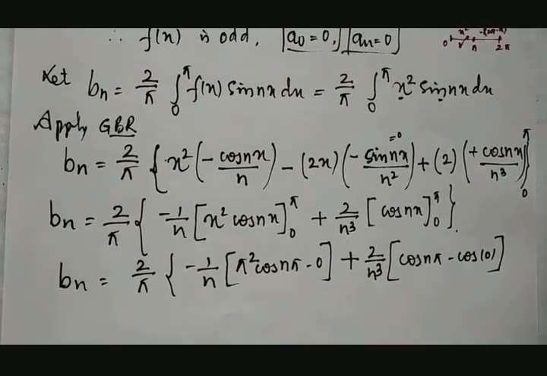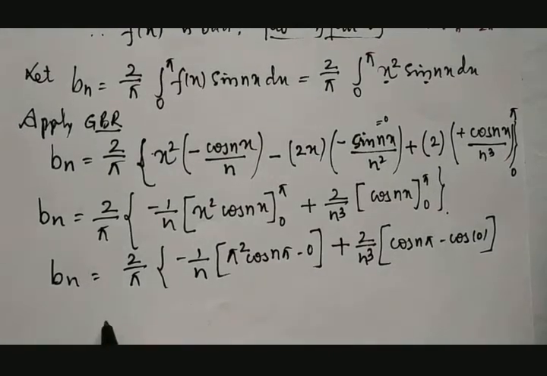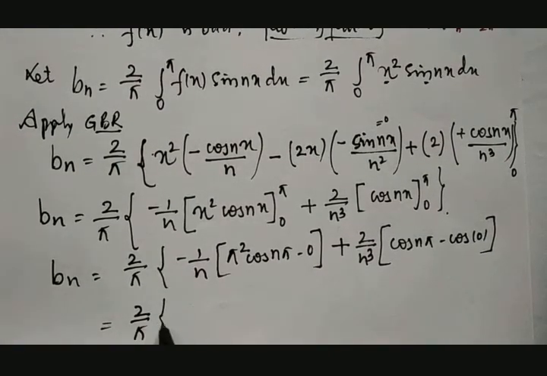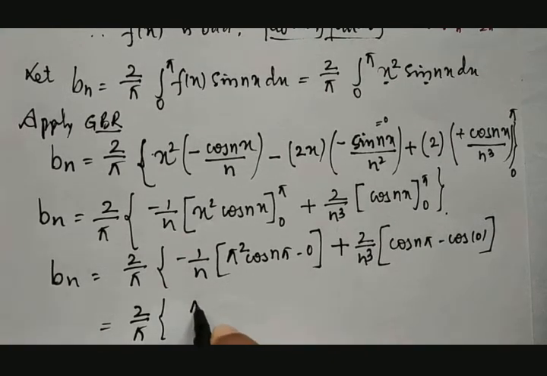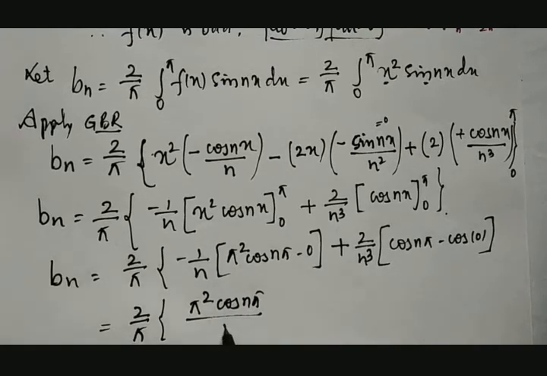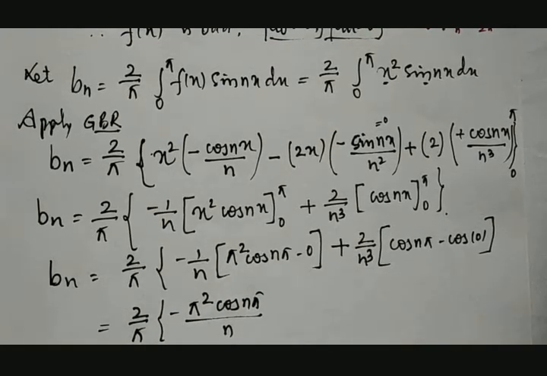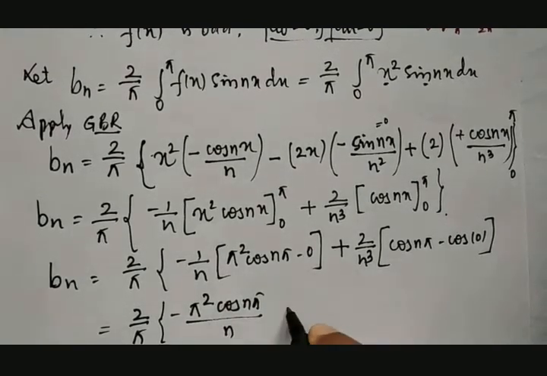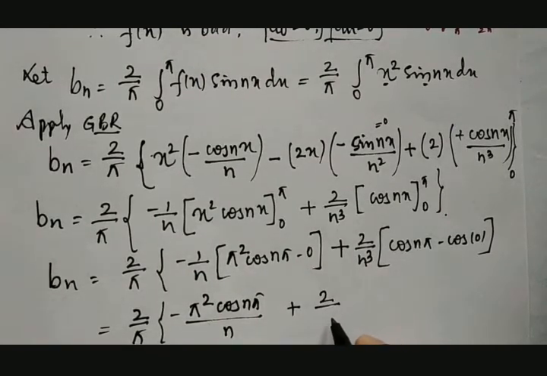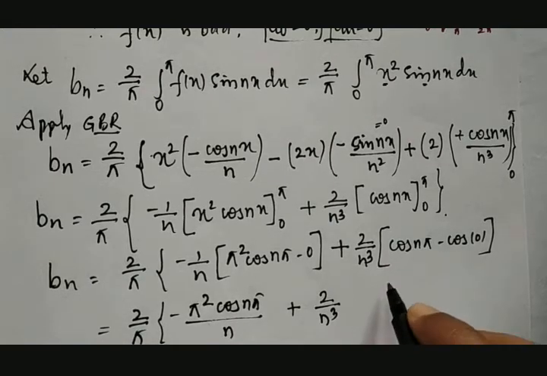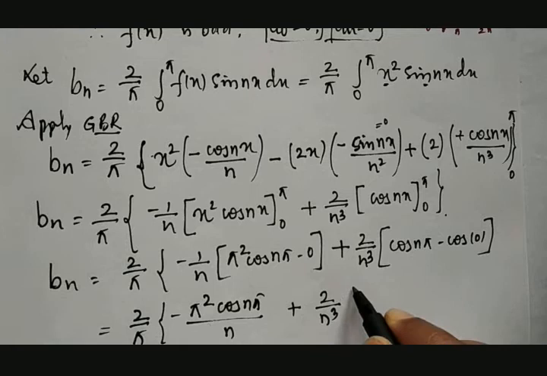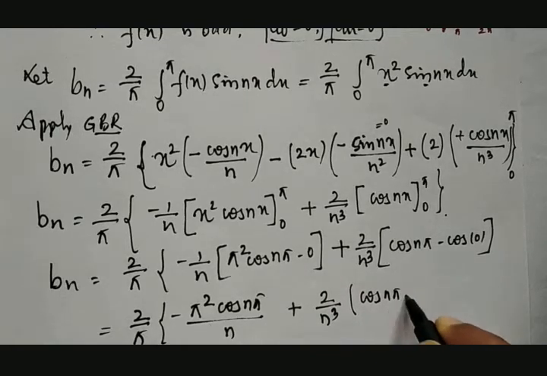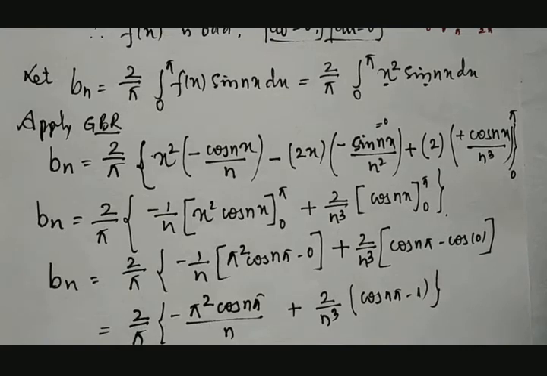Fine. Therefore this is equal to 2 divided by pi into this is pi square cos n pi divided by n along with minus sign. Then here it is plus 2 divided by n cube into cos n pi minus 1. Fine.